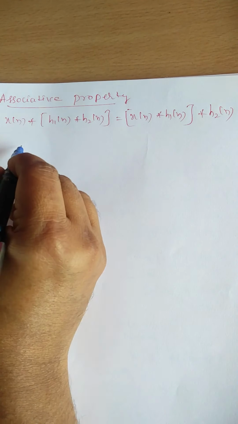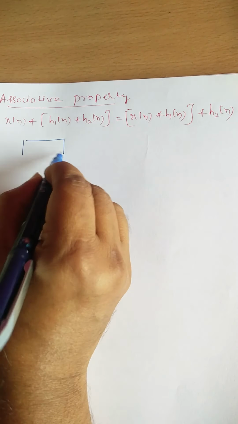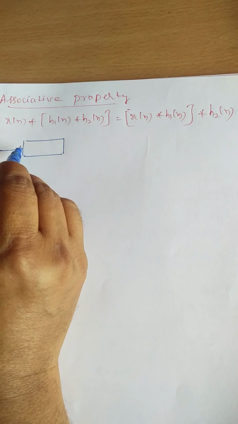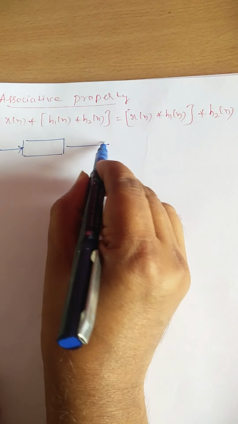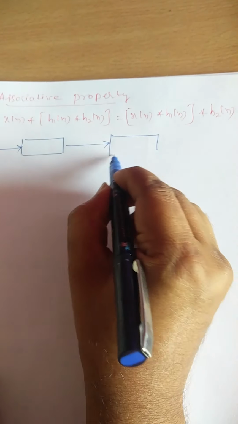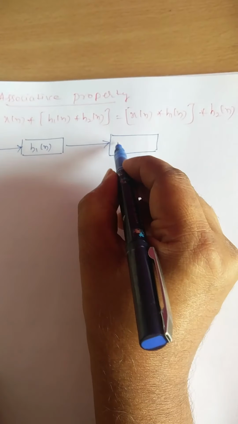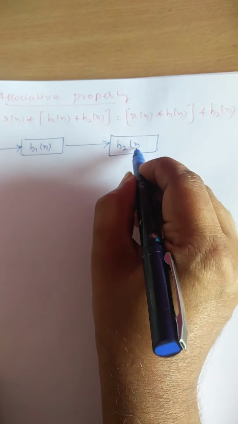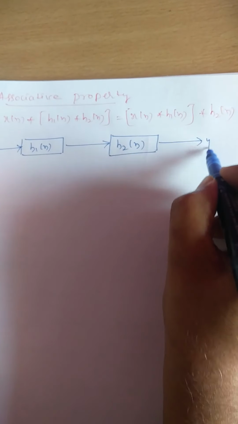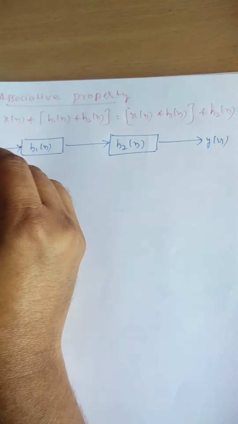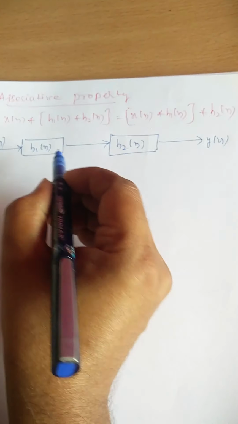To prove this, let us consider this cascade system. We have two LTI systems here. Impulse response of the first LTI system is h1 of n. Impulse response of this is h2 of n. Output is y of n and input is x of n.